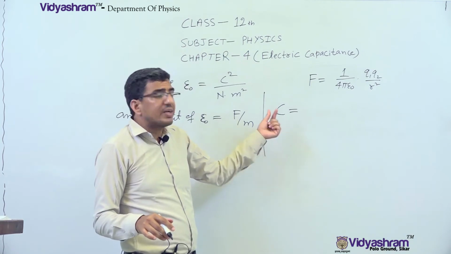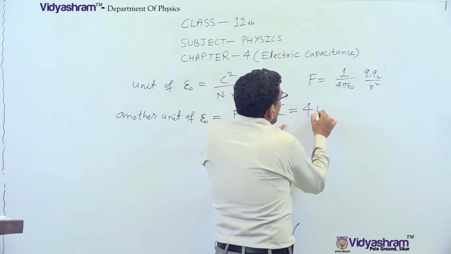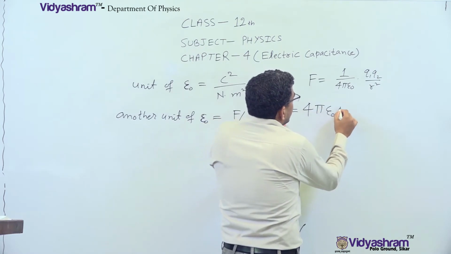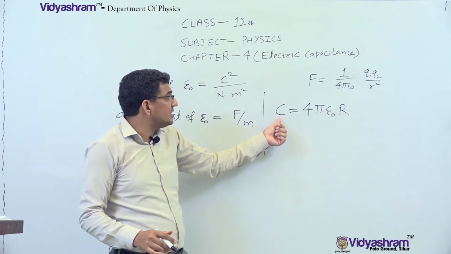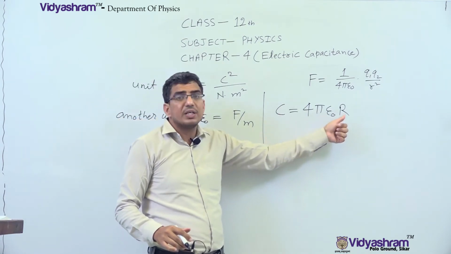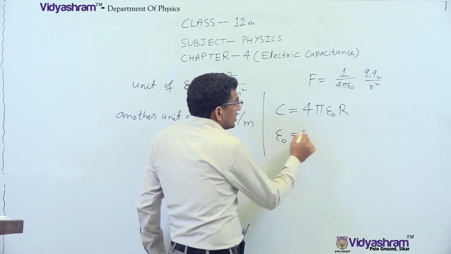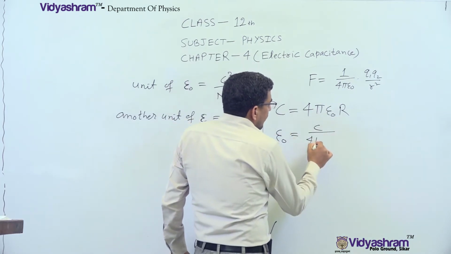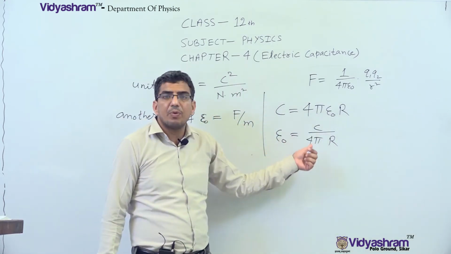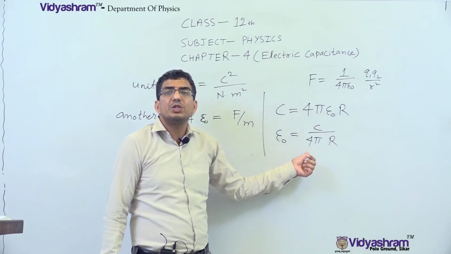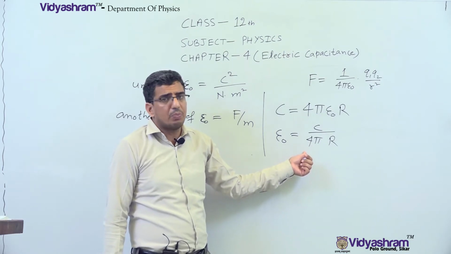The formula of capacitance of a spherical conductor is C is equal to 4 pi epsilon naught R. Here epsilon naught is equal to C upon 4 pi R. 4 pi is unitless and dimensionless; there is no unit of 4 pi.